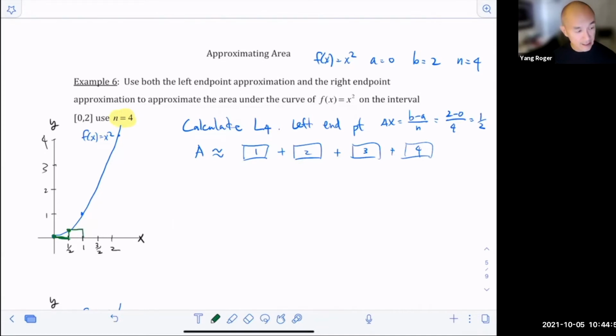That's our second rectangle. The third one comes up here like this. That's the third one. And then the last rectangle comes up like this. Are there any questions about my picture here?